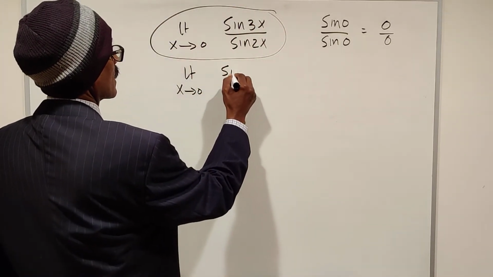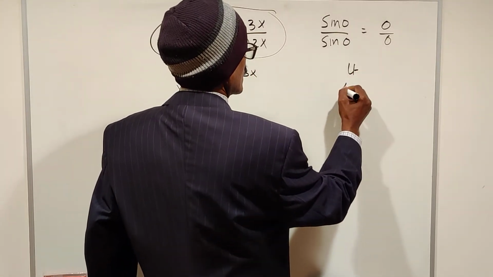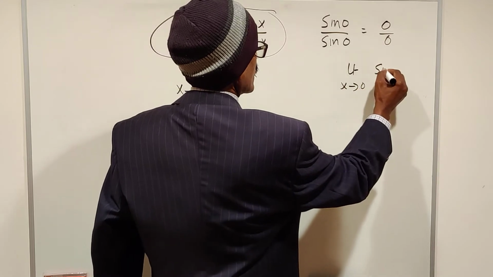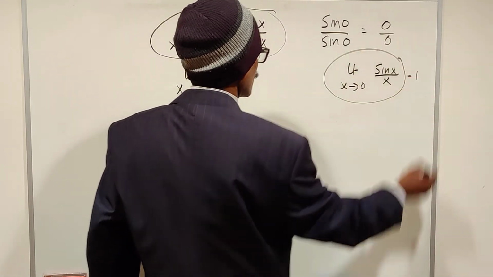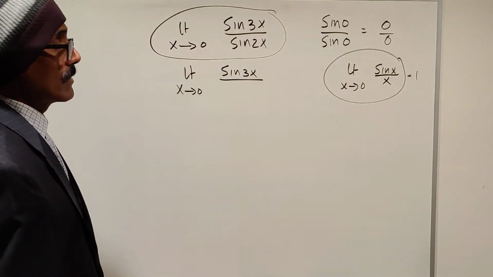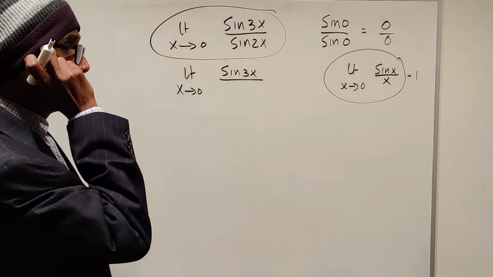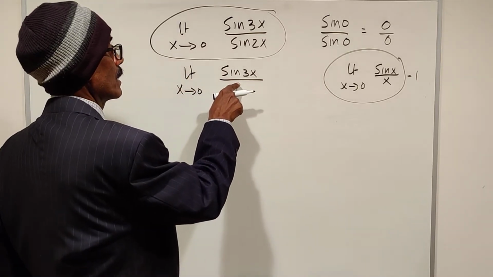Sine 3x. What is the formula? Limit x tends to 0, sine x by x is 1. That is the formula. So sine 3x divided by, what number do we need to divide?